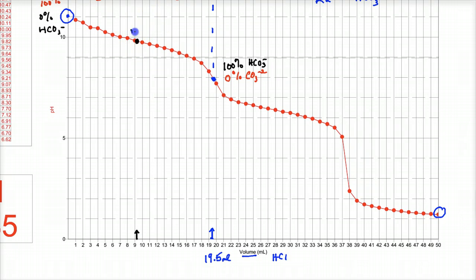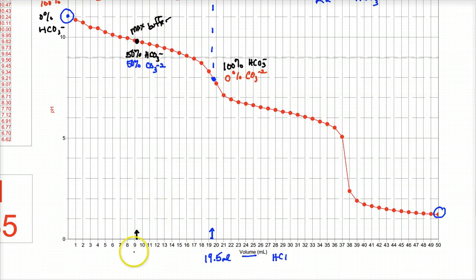So this is my max buffer position. I call it max buffer position because we're going to have 50% of my conjugate acid produced, and I have 50% of my base still there. Why?